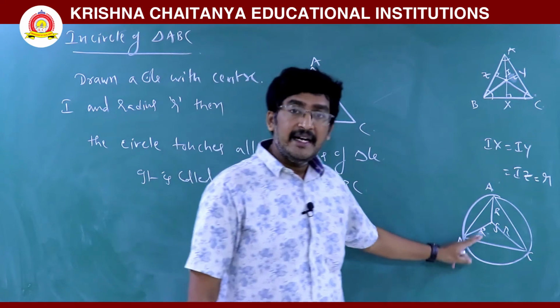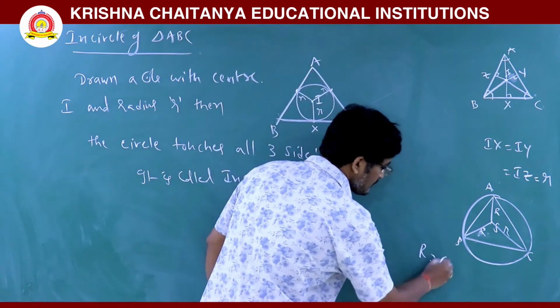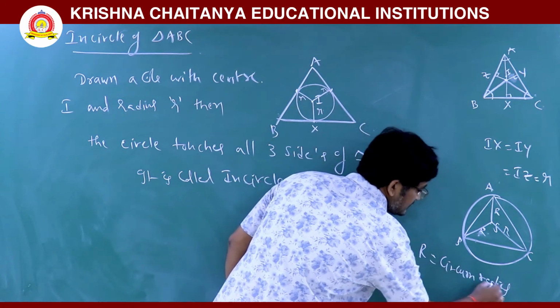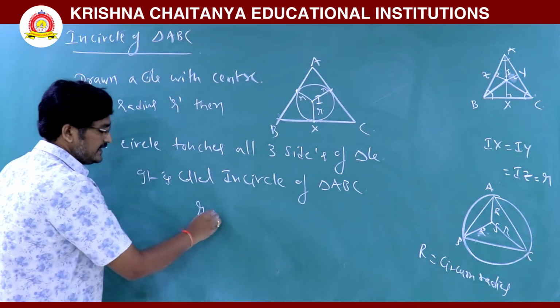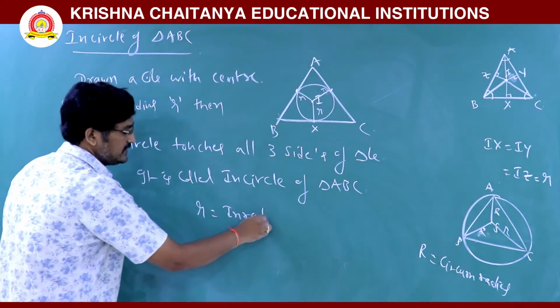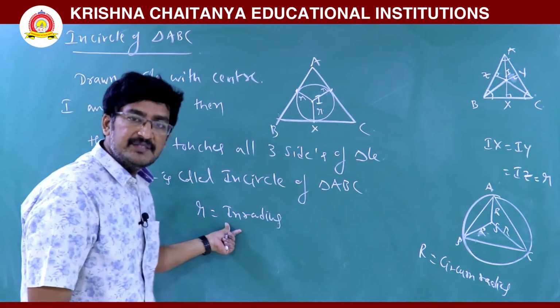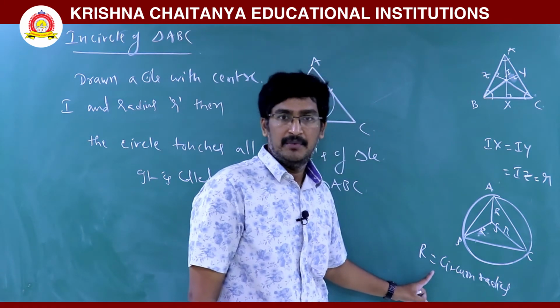This capital R is the circumradius in the circumcircle concept. Here the small r is the inradius. The inradius is denoted with small r, the circumradius is denoted with capital R. You have to remember, please.